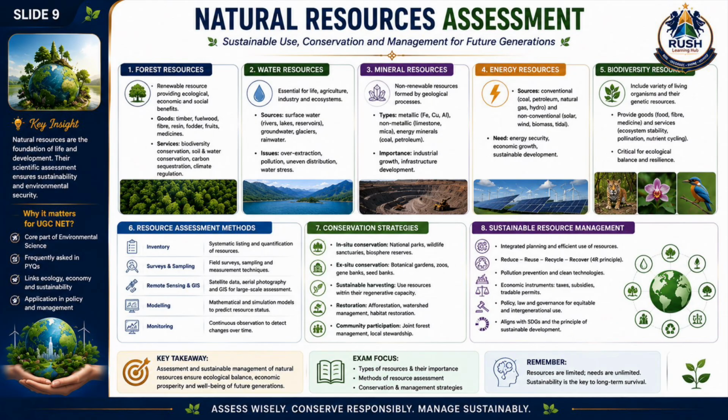Now let us discuss mineral resources. Minerals are naturally occurring inorganic substances found in the Earth's crust. Mineral resources can be classified into metallic minerals, non-metallic minerals, and energy minerals. Examples of metallic minerals include iron, copper, aluminium, and manganese.